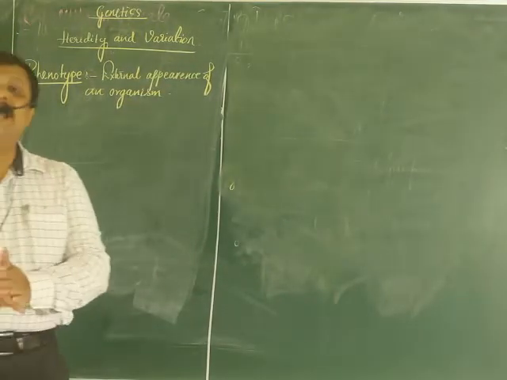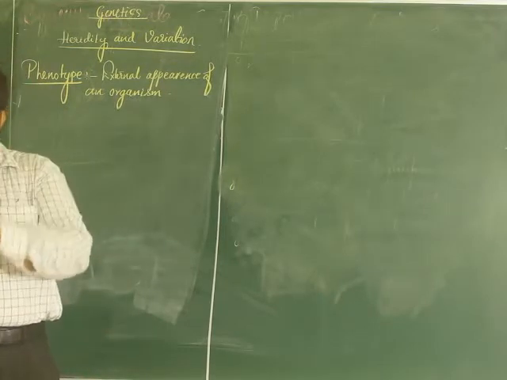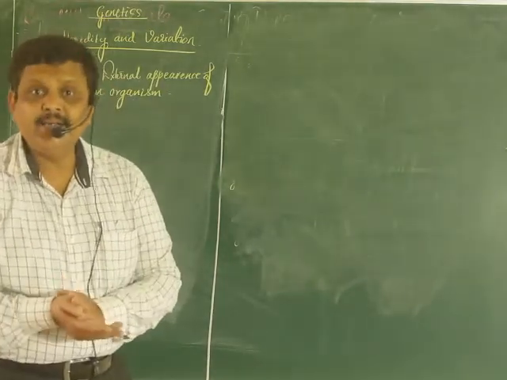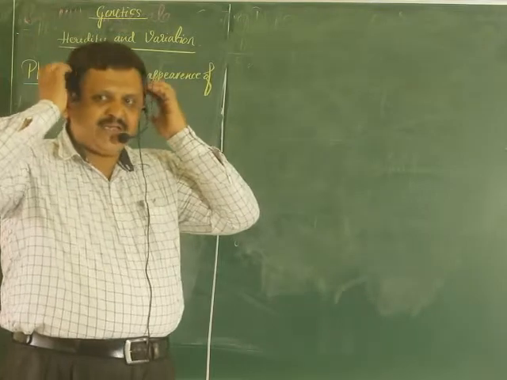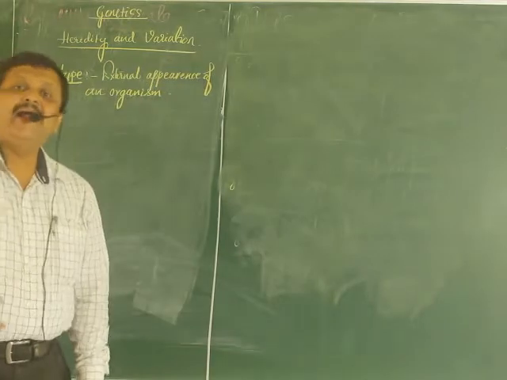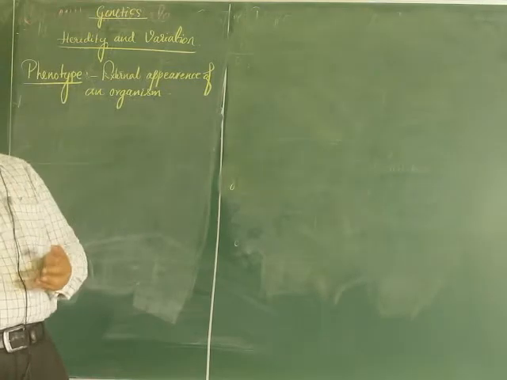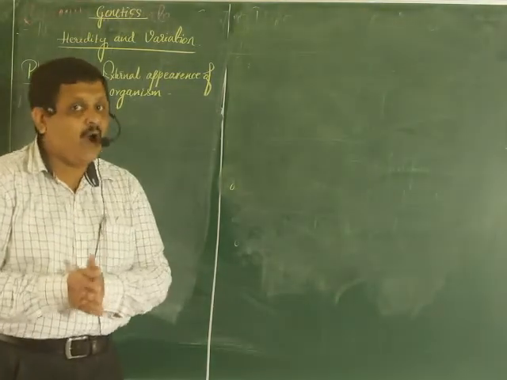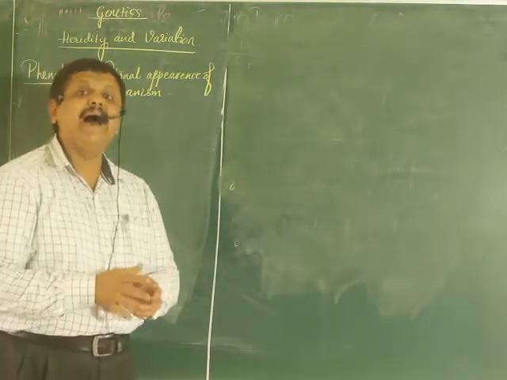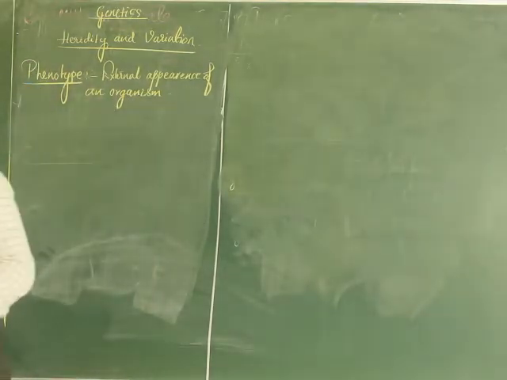Dear students, if I tell elephant, imagine elephant, you can clearly get the picture of the elephant, or if I say lion, tiger, we'll get different pictures in our brain. It is because every organism has its own external appearance, and that is called phenotype. Phenotype is external appearance of an organism.